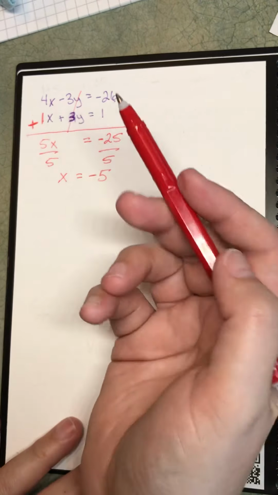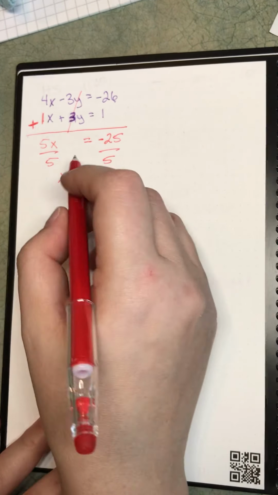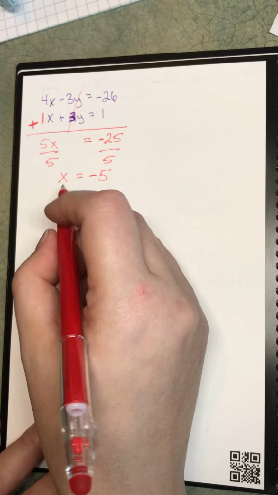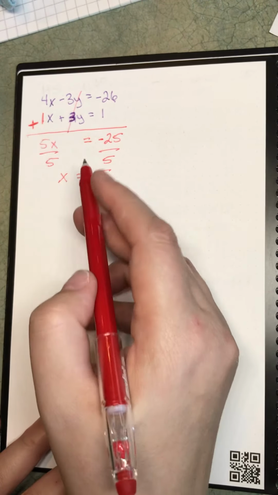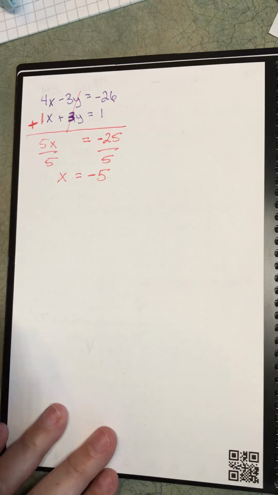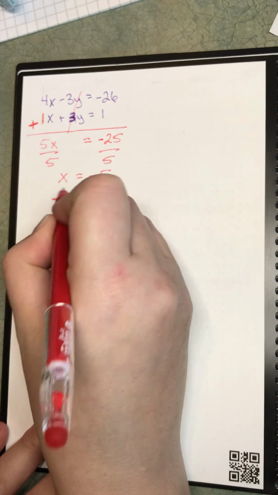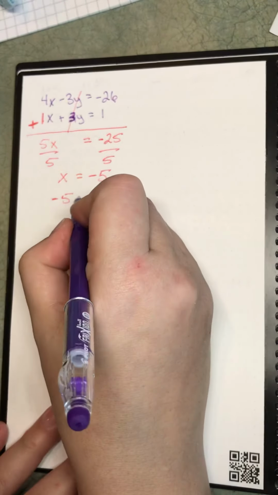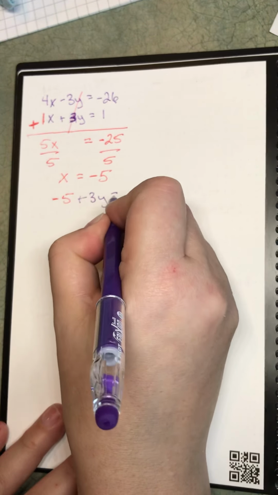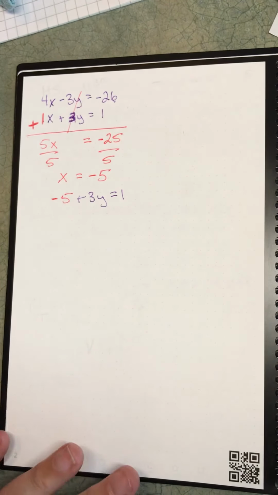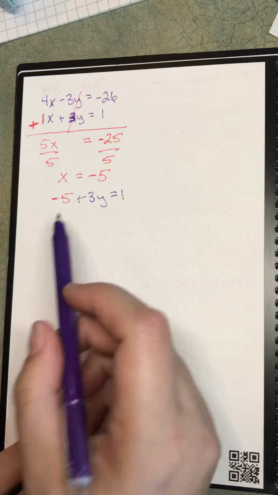Again, the second one has smaller numbers, it's easier to work with, so I'm going to substitute negative 5 in for x. So this is just going to be negative 5 plus 3y equals 1, and I'm writing in different colors so you can see how that substitution works.